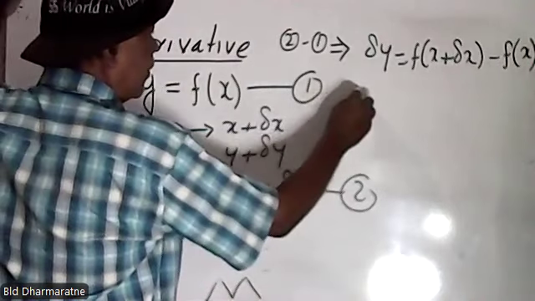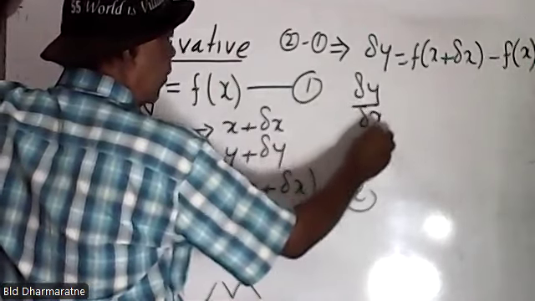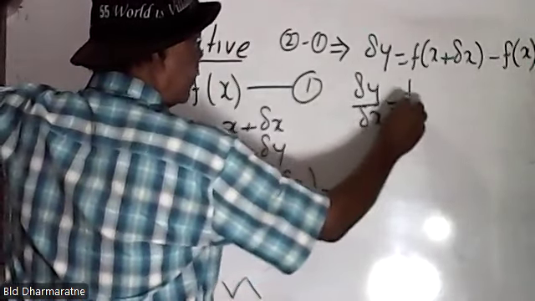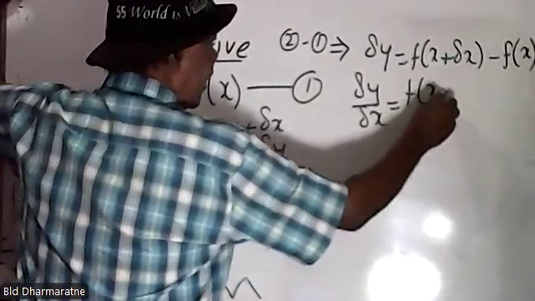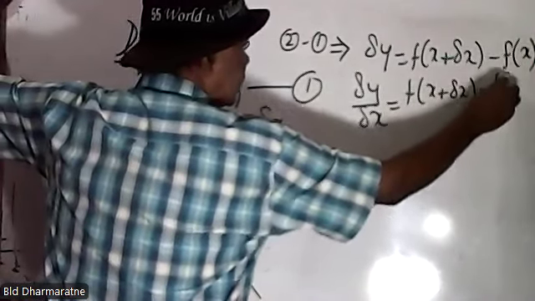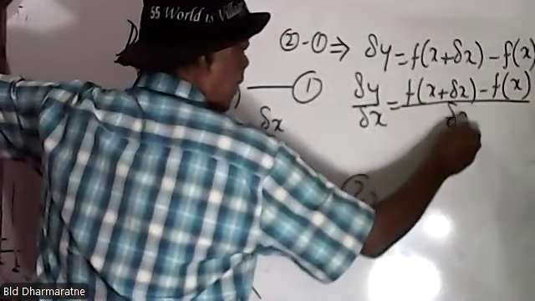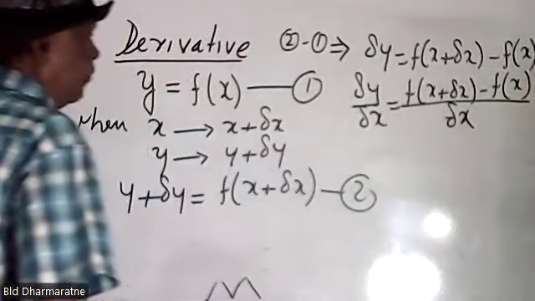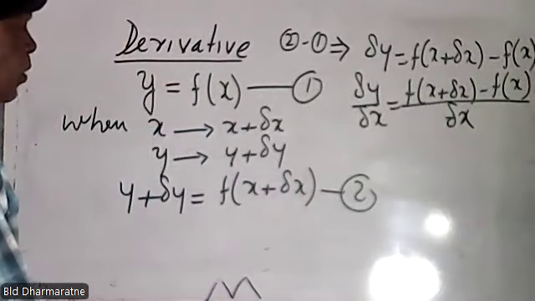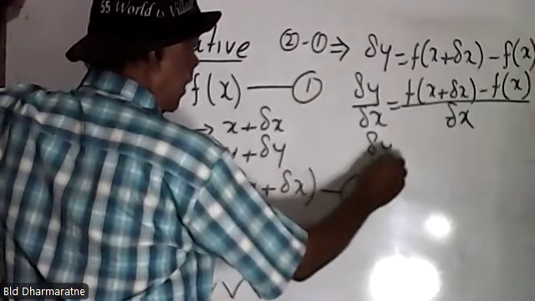What is happening? Delta y over delta x equals f of x plus delta x minus f of x, over delta x. Now here delta x is approaching 0, taking the limiting value.